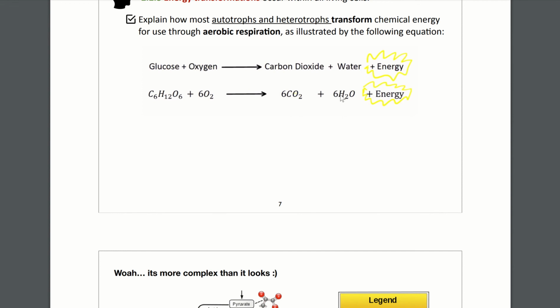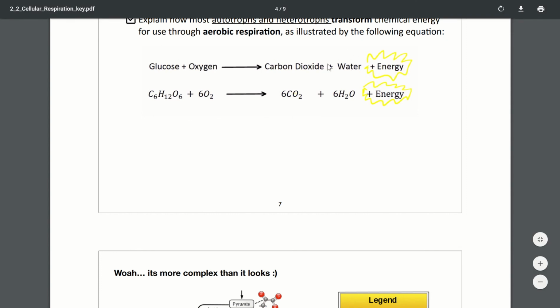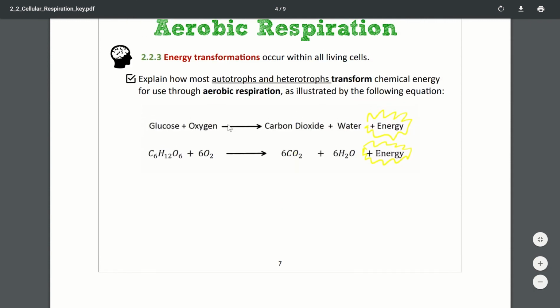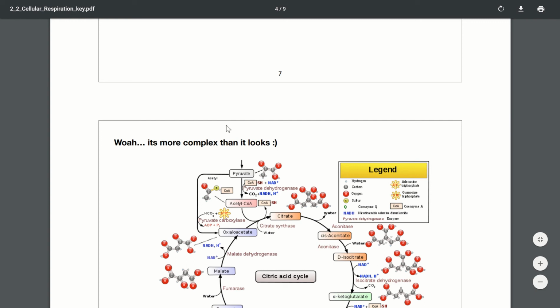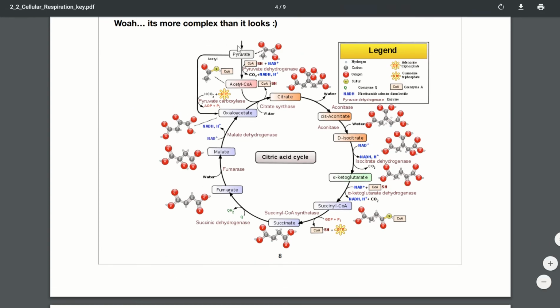And photosynthesis is like the opposite of this, except you take out the energy on the other side. So you basically swap the words on both sides, and you have the equation for photosynthesis. Now that sounds easy, right?